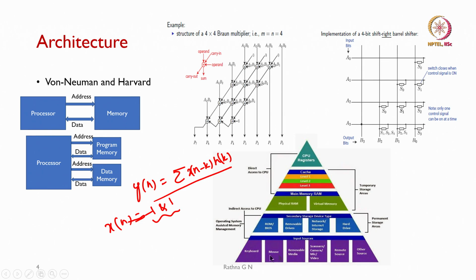This triangle gives you how the access time is going to be. The slowest ones are the keyboard, mouse and other things, even the tape readers we had earlier, then the ROM and removable devices, which are much slower compared to this. This is the memory hierarchy we went through in the class.